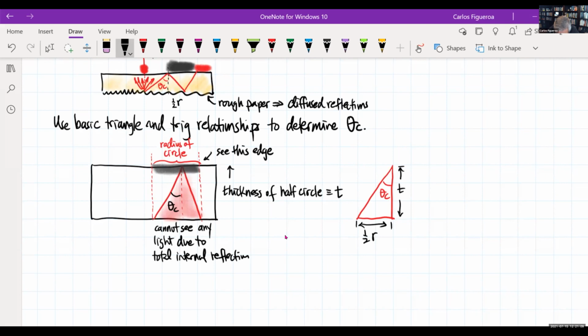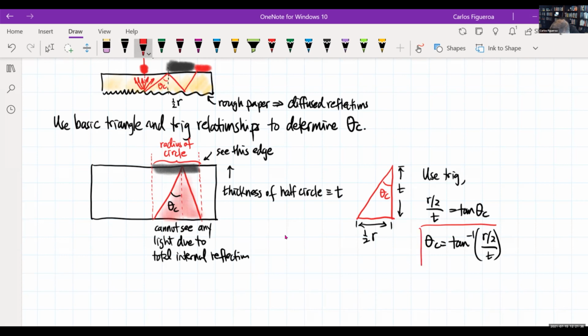If I just use trig, the opposite divided by the adjacent should be tangent of theta critical. Therefore, theta critical should be tan inverse of r over 2 divided by t. So now, here is my value.